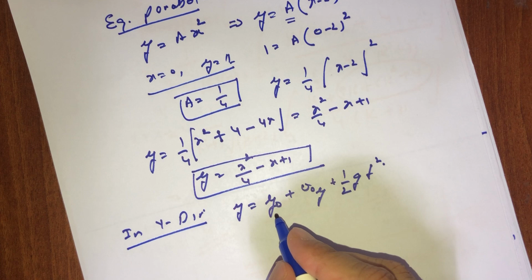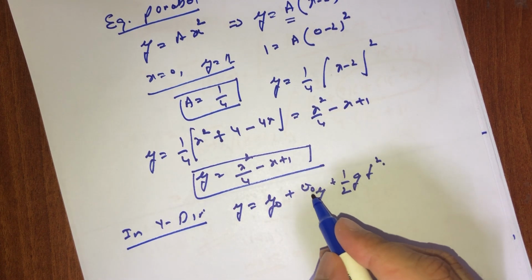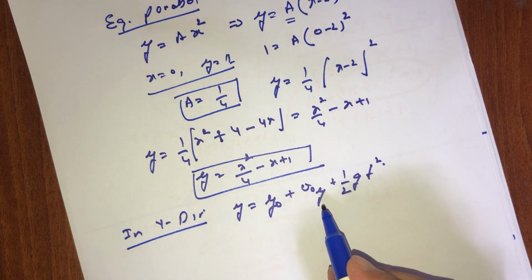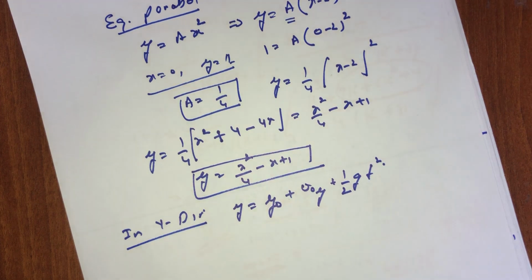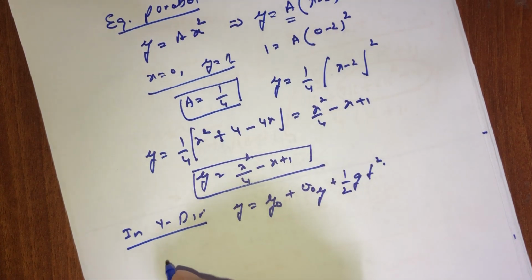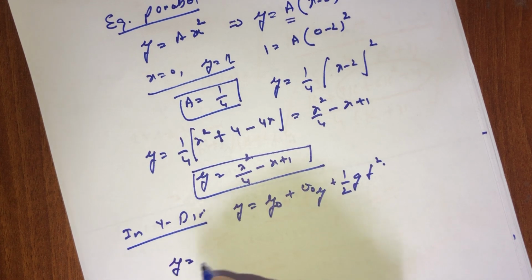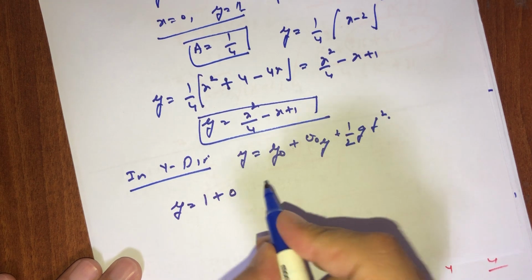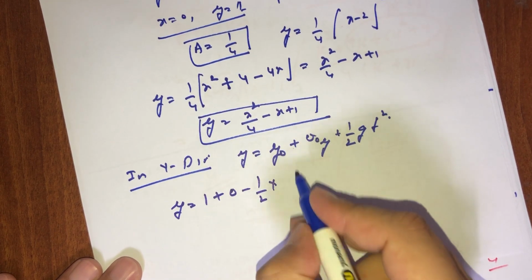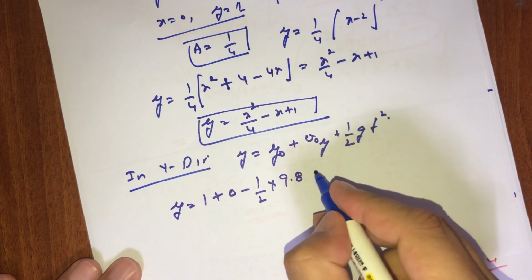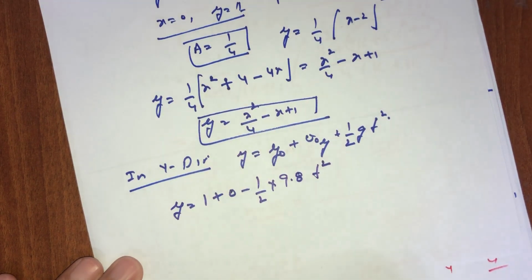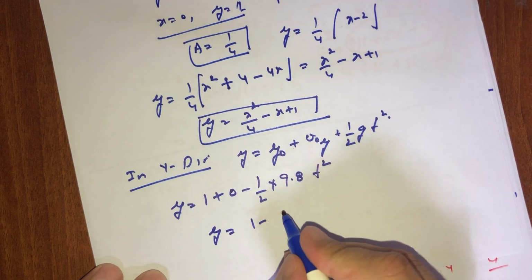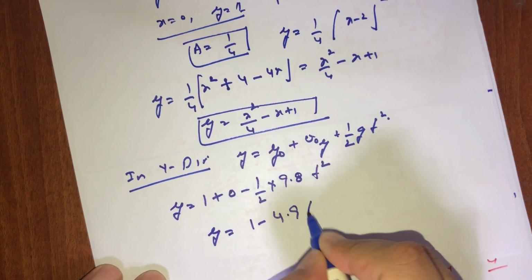So y naught is the initial coordinate, v naught y is the velocity in the vertical direction, and g is the acceleration due to gravity. So we get y is equal to, the initial coordinate is given as 1, there is no vertical component of velocity, so we write 0, minus 1/2, we substitute the value of g, that is 9.8, t square. So we get from here y is equal to 1 minus 4.9 t square.